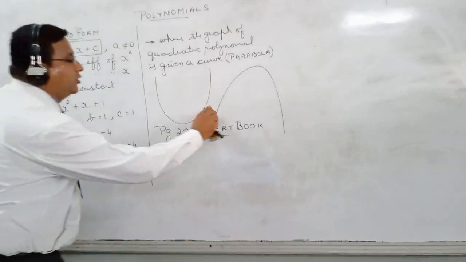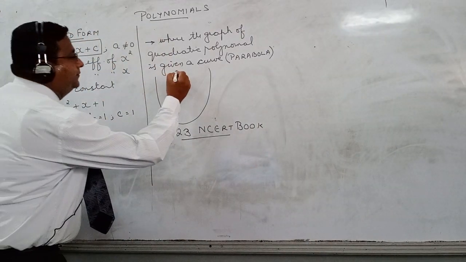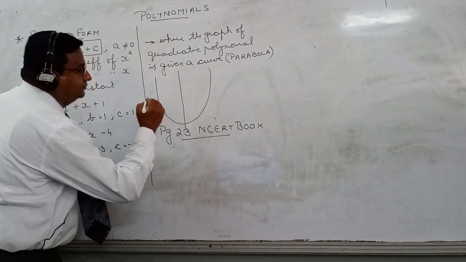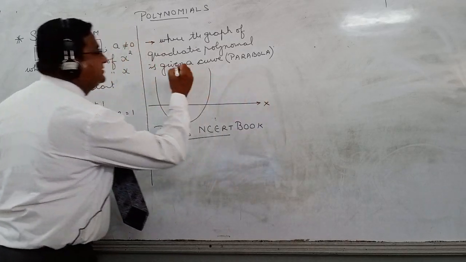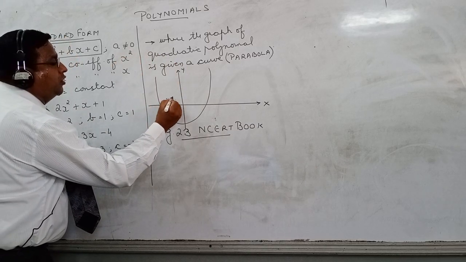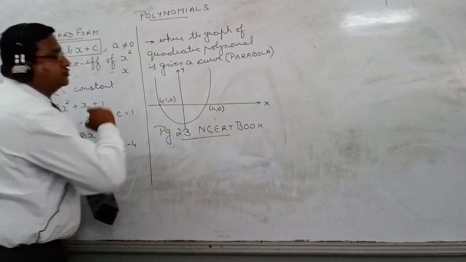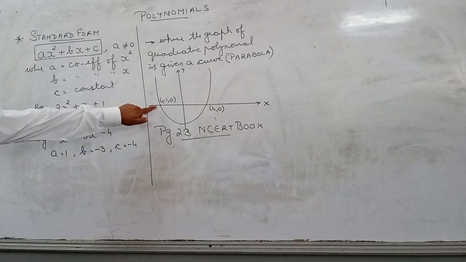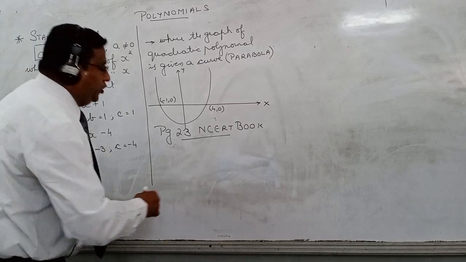Let me show it on the board for you. This is the curve that is there in your book. This is your x-axis, this is your y-axis, this is the point minus 1, 0, and this is the point 4, 0. So this curve is touching the x-axis at these 2 points.